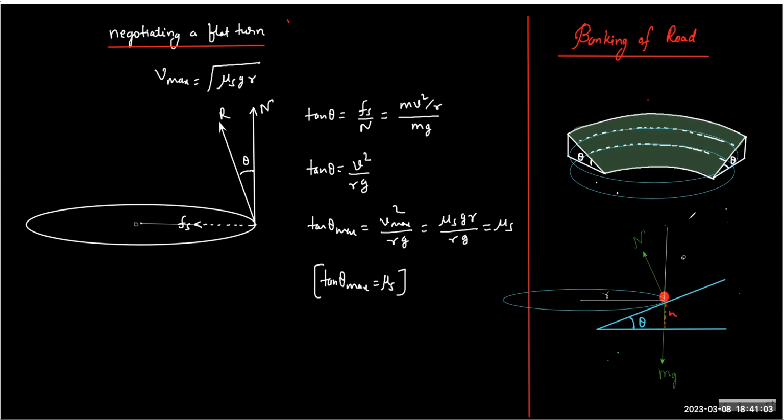So we'll start with case 1. If mu is 0 between the tire of the car and the surface. So tell me guys, if mu is 0, then which force will provide the centripetal force here? And we are assuming the car is moving with constant speed.